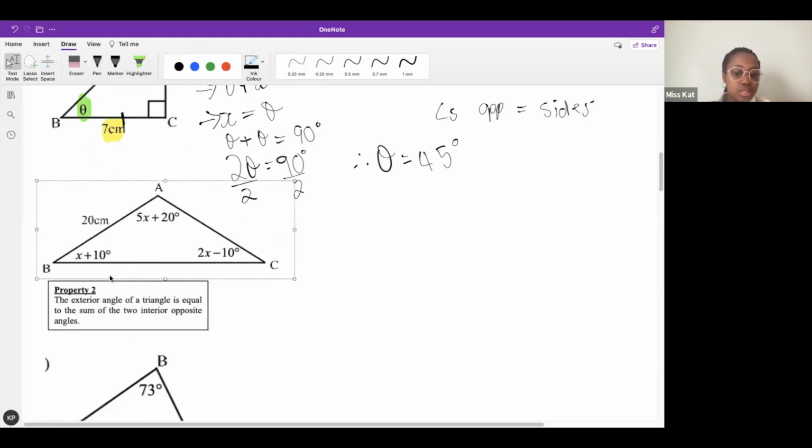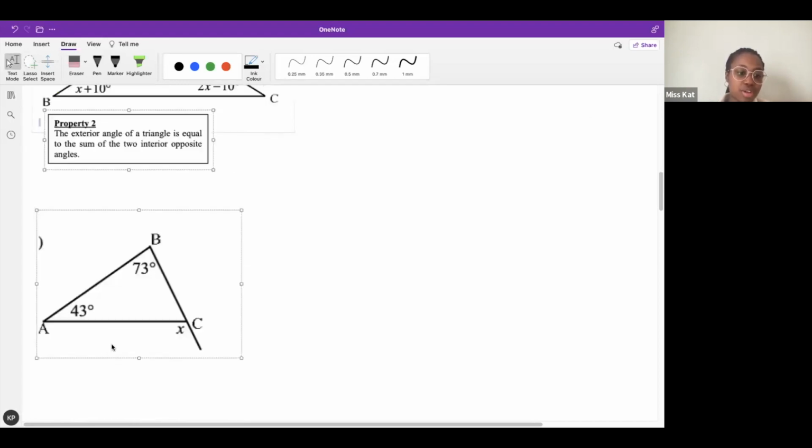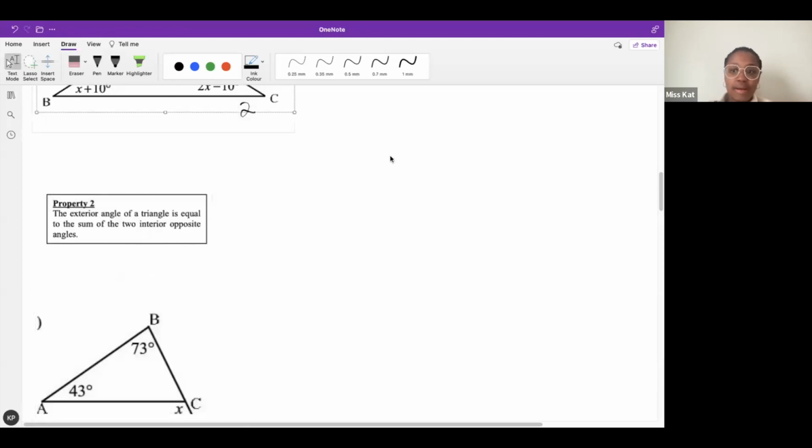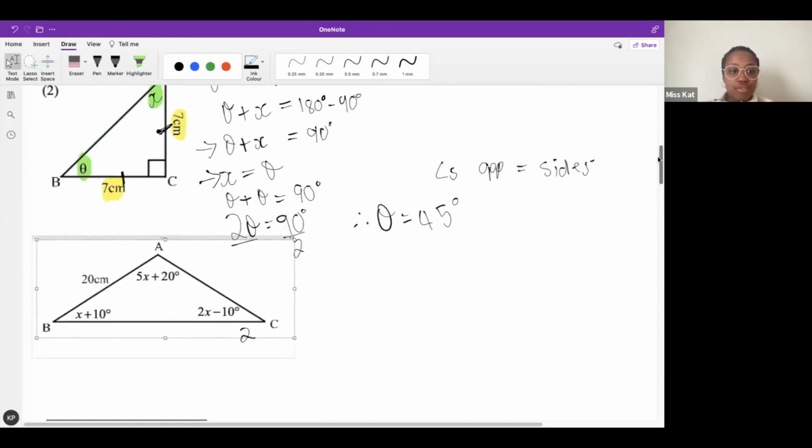Let's do this and this. Never mind. There we go. There is our new triangle. I want to know what x is. How are you going to solve this, guys? Give me a statement in the chat of how you're going to solve for x. If my laptop decides to cooperate, there we go. How are you going to solve for x?